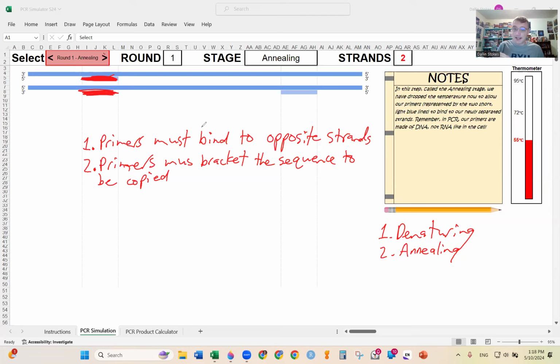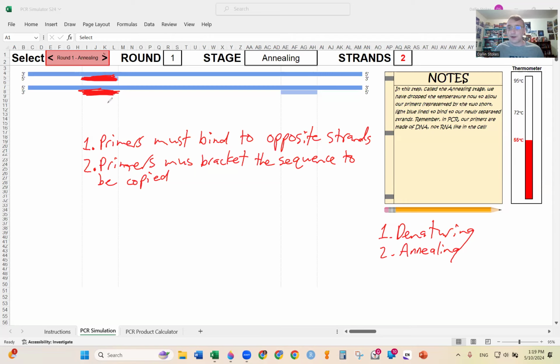I got one sticking to the top strand and one sticking to the bottom strand. However, they're both sticking to the same spot in the DNA. They're not on either side of the sequence that I'm trying to copy. And in fact, in this particular case, if I tried to use these two primers, you'll notice that since the bottom one sticks to the bottom strand at this spot, and the top one sticks to the top strand at this spot, those two primers are actually complementary to each other.